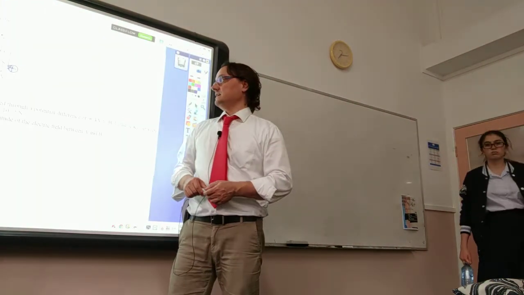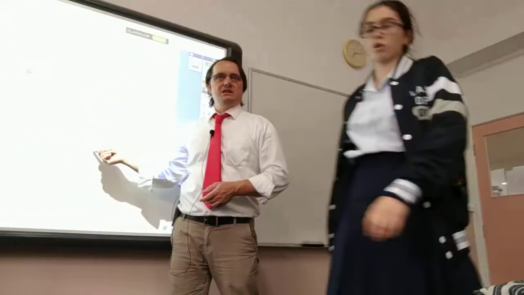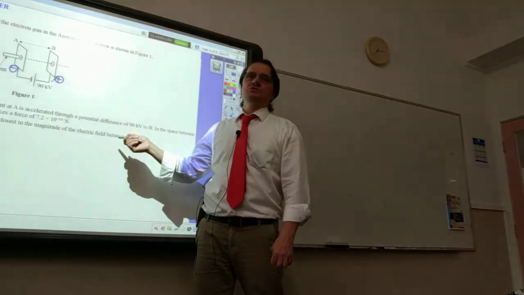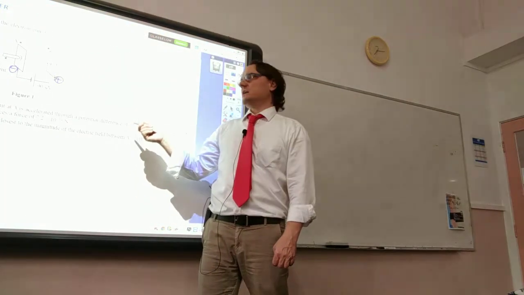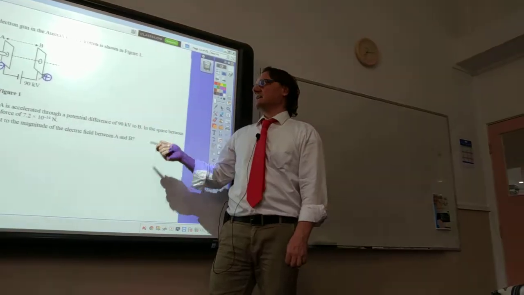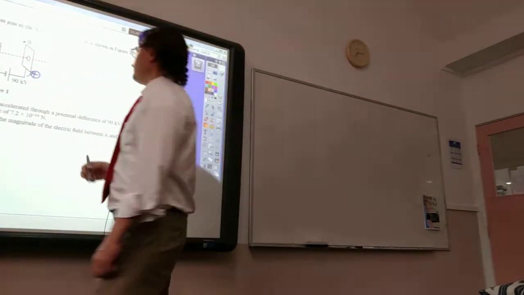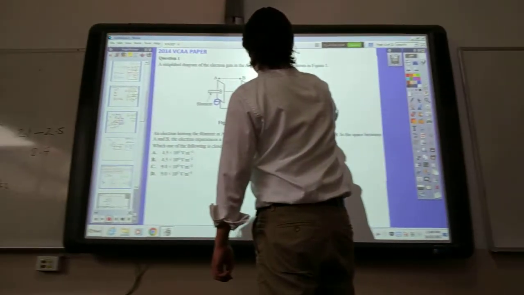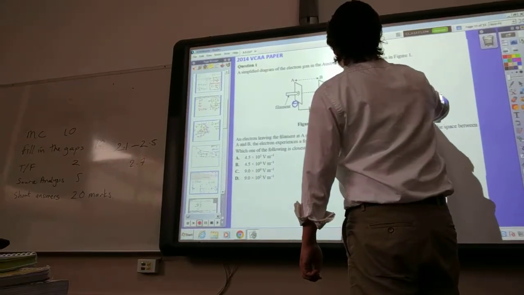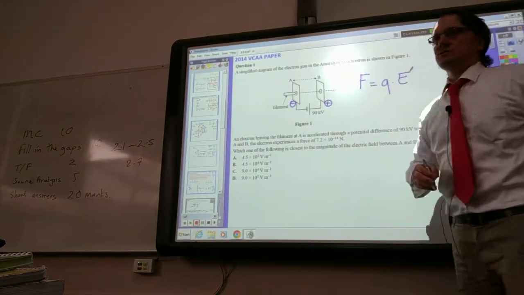Now, normally they ask you the speed, but this time they give you the force and ask you to find the electric field. Now, careful. If the force is known, how can we find the electric field?